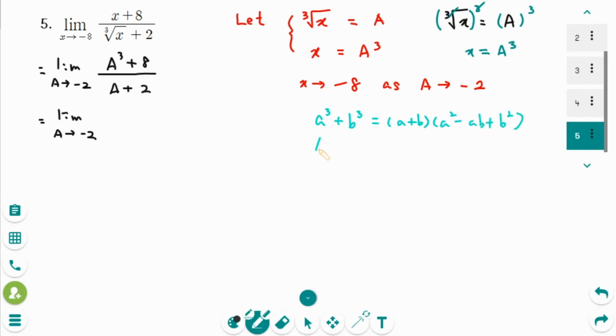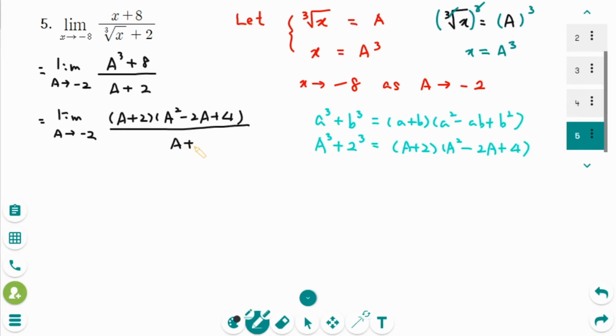So a cubed plus 8, where 8 means 2 cubed, equals a plus 2, a squared minus a times 2, which is 2a, plus b squared, which is 4. So we can factor a plus 2, a squared minus 2a plus 4 over a plus 2.